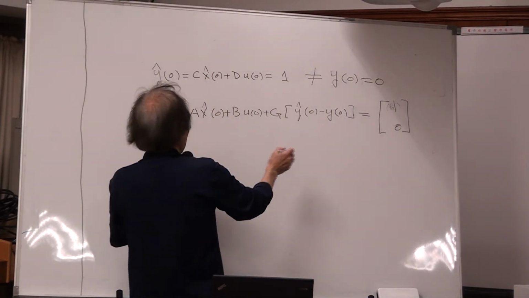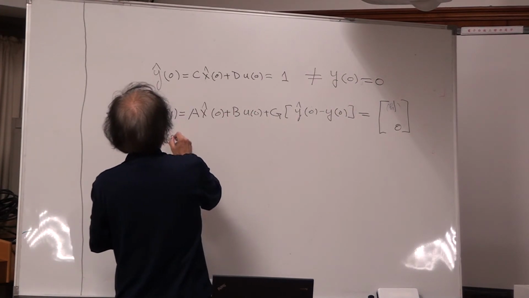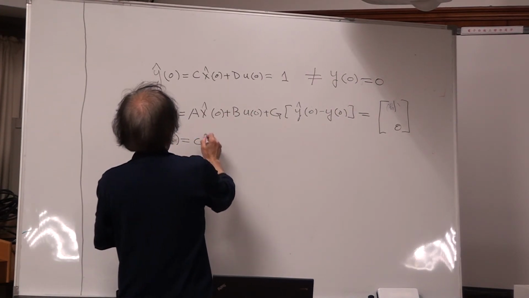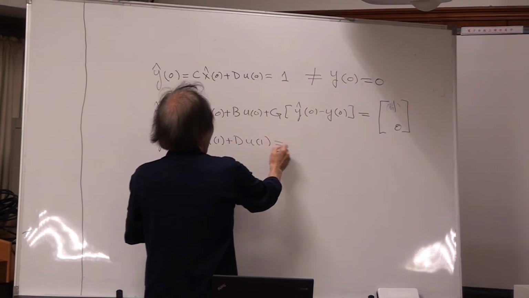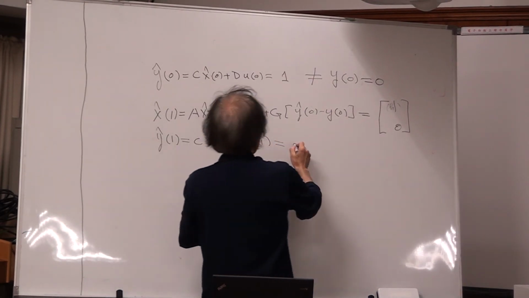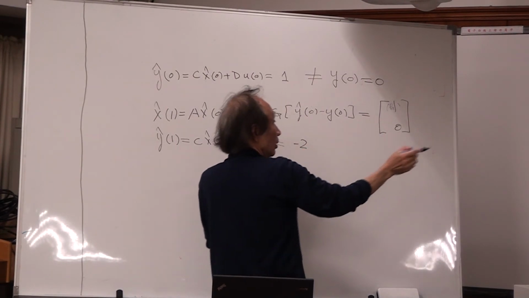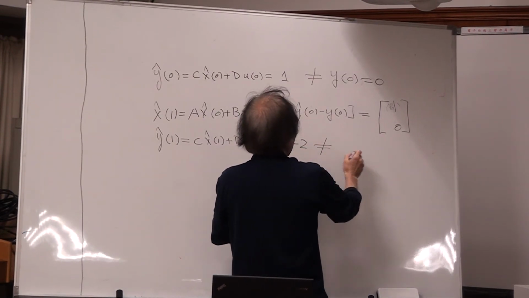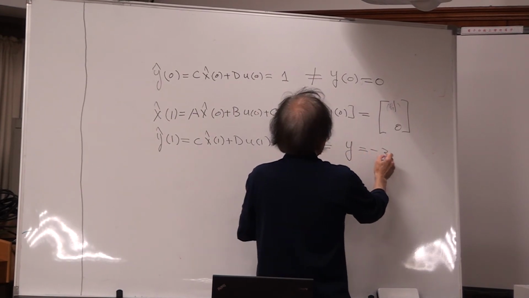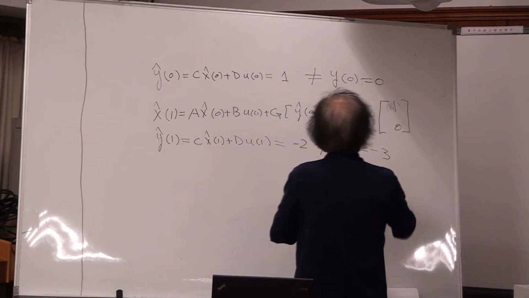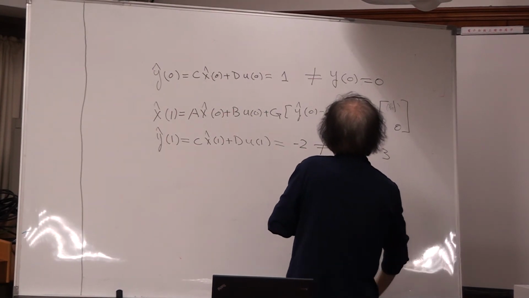So, if I do that, my y hat 1 equal to cx hat 1 plus du1, then that equal to minus 2. And my real y is minus 3. That's y1.